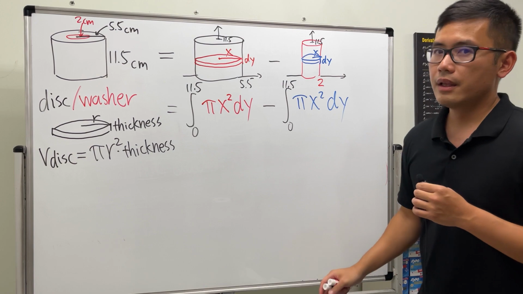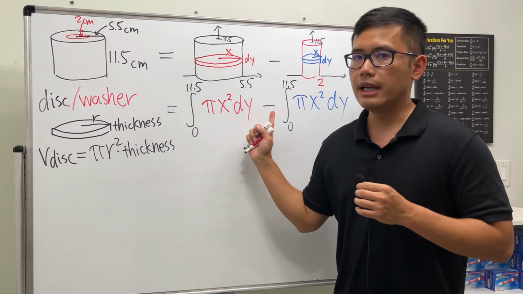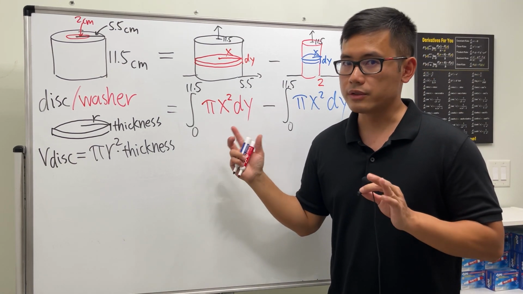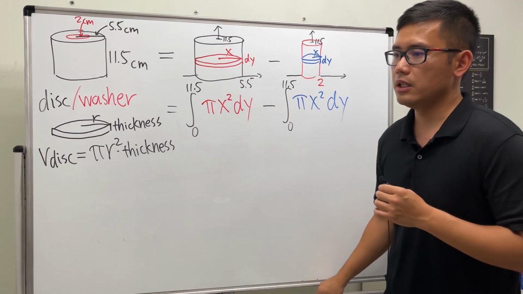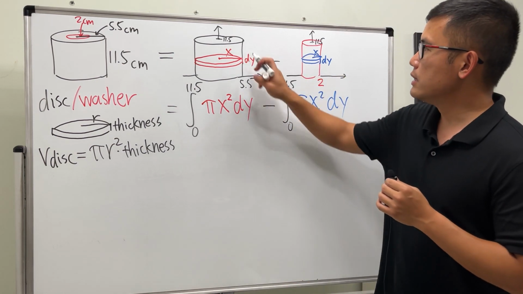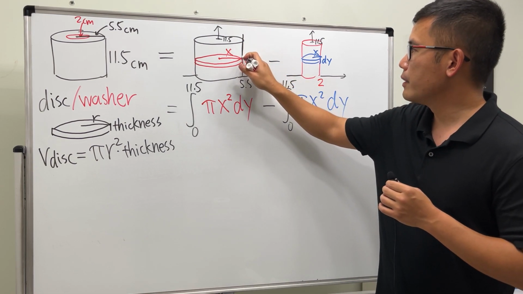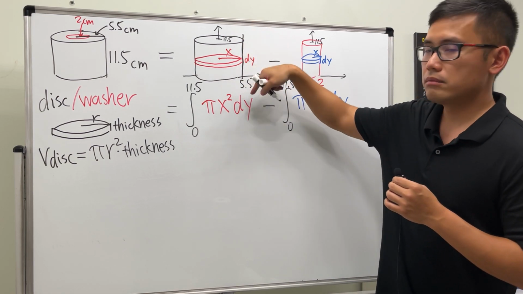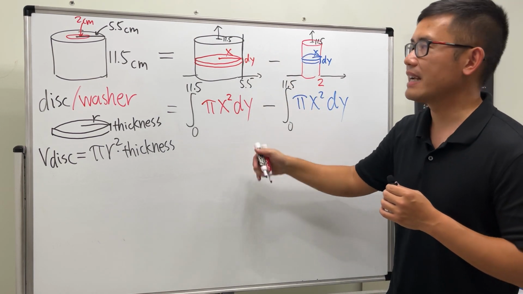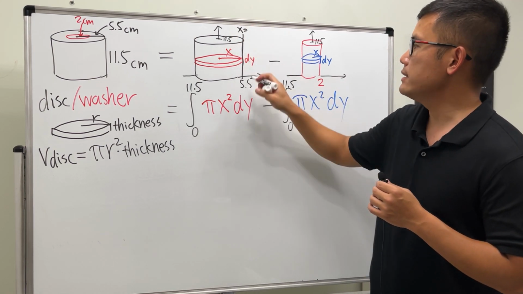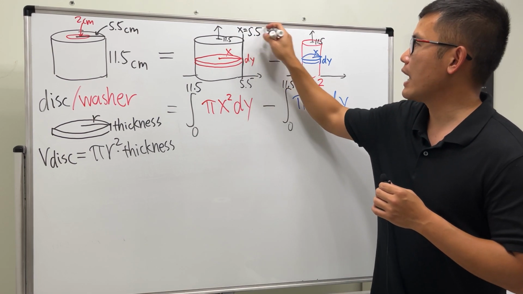Perfect. Now, x is not in the y world, so that's no good. We will have to look back to here and then look at the equation for x. Notice on the side here, this is what we have. That's the x. And in fact, it's just a vertical line. And in fact, x is always equal to 5.5.